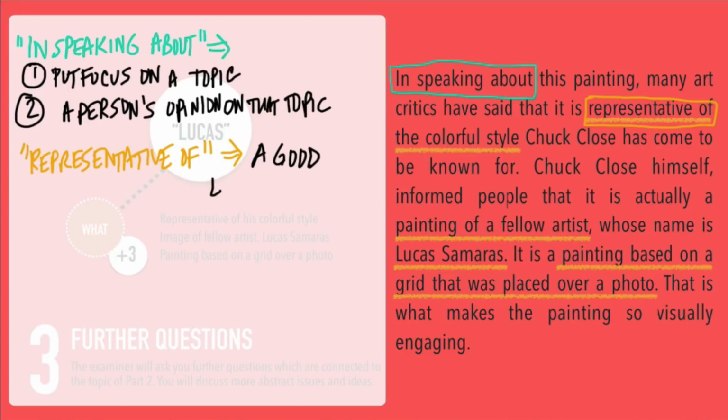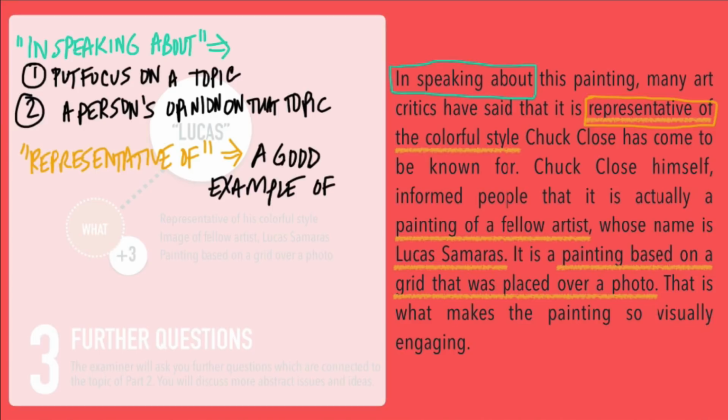It's the same meaning, a good example of, but it puts more emphasis on whatever you're speaking about being almost the best example. So, for example, we mentioned fast food, so let's stay with that topic. McDonald's is representative of fast food in America. What happened? McDonald's is a good example of what fast food is like in America.